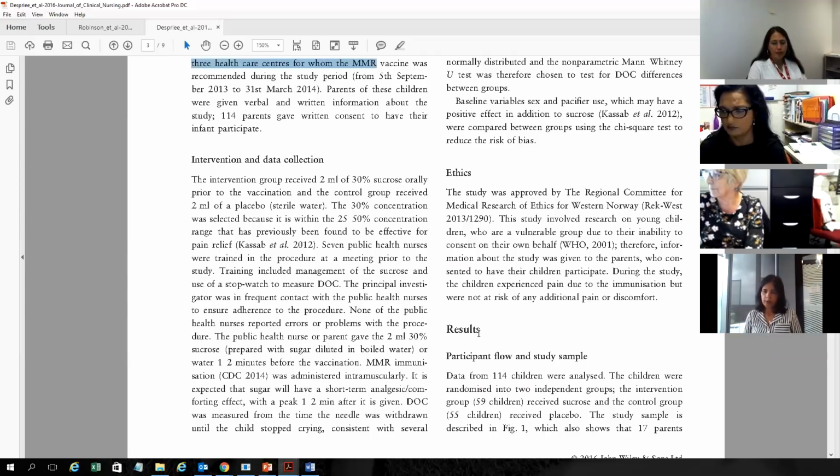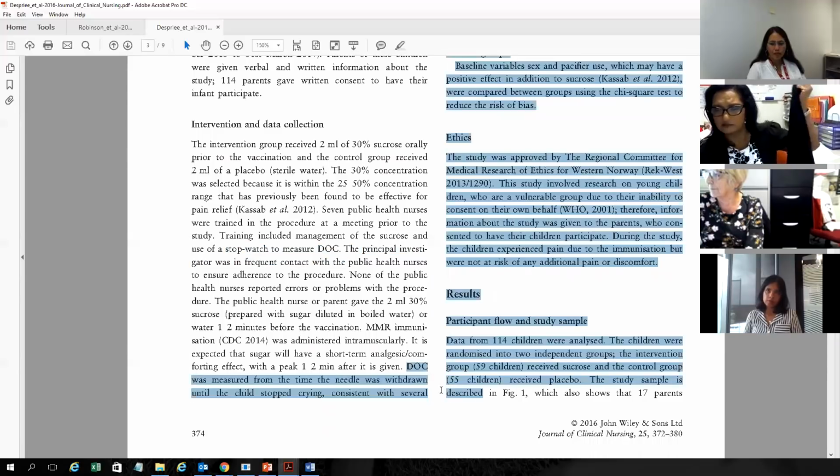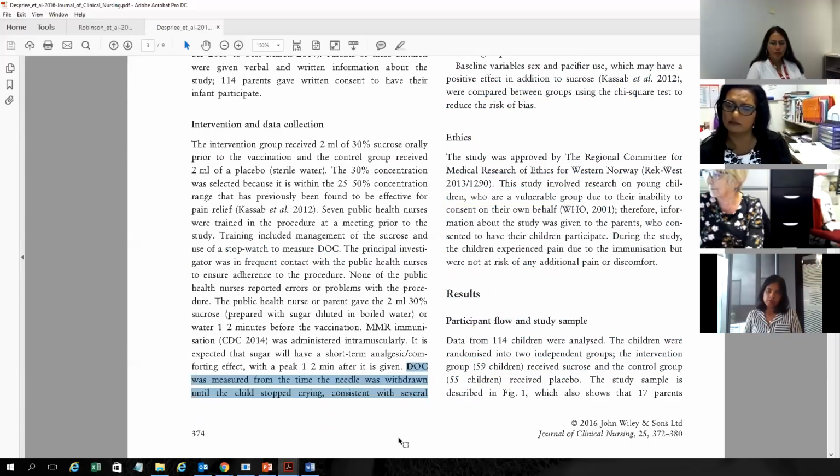So if you're looking down here to intervention and data collection, have a look through there. It's not always in the one place. You might have to read through the whole intervention and data collection section to see exactly how it's taken out. If you're looking about halfway down, it talks about use of a stopwatch to measure DOC. So that's looking at duration of crying. So that would be how they collected the data for this one. Further down at the bottom of that paragraph, DOC was measured from the time the needle was withdrawn until the child stopped crying.